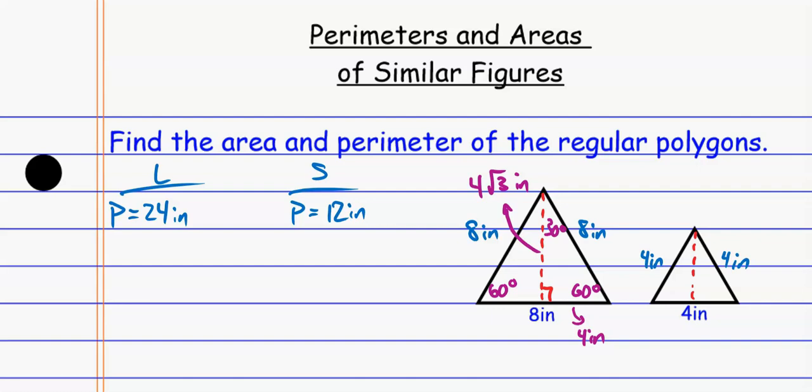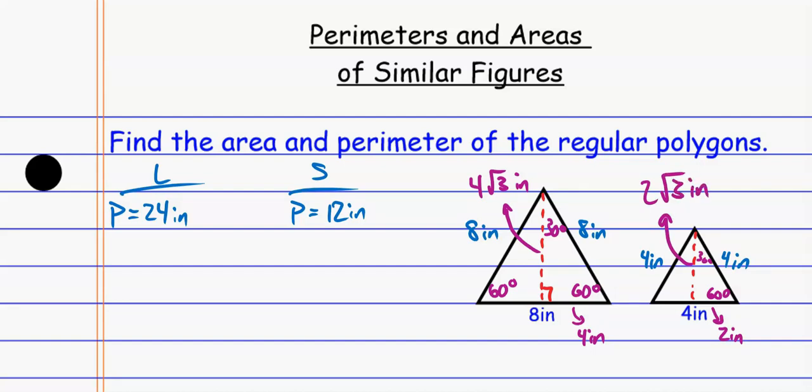I can do the same thing in the other triangle, because I know this is 60 degrees and this is 30 degrees. So I have that special right triangle of a 30, 60, 90. Again, I divide the hypotenuse by 2 to get the smaller side down here, and then to get the longer leg, I multiply by √3.